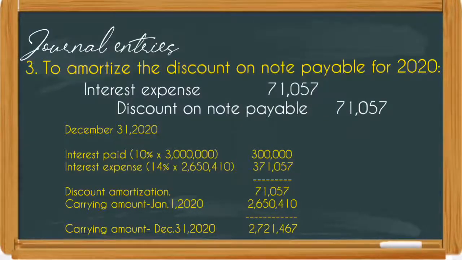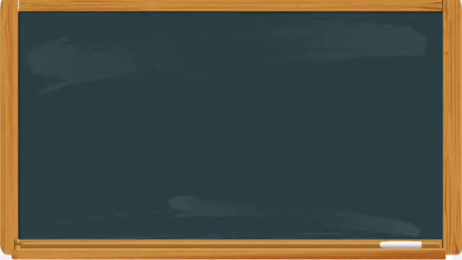So 371,057 less 300,000 is equal to the discount amortization, which is 71,057. And we add that to the carrying amount on January 1, 2020, which is the same as the present value of the new liability, 2,650,400, plus 71,057 is equal to 2,721,467. And this is now our carrying amount at year end.